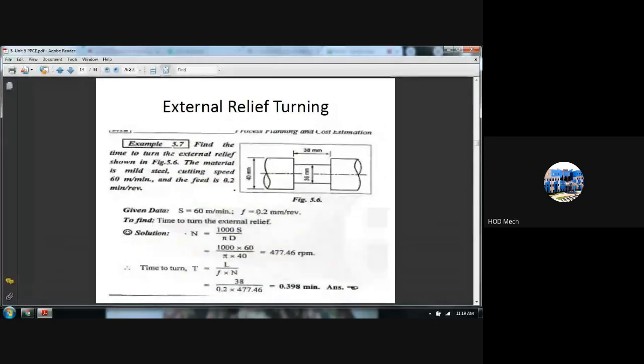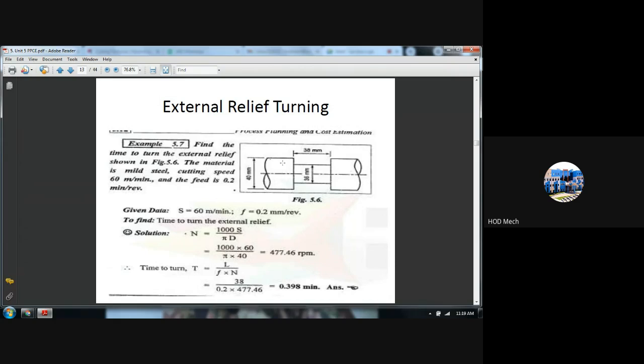Now coming to external relief turning. When you look at the diagram, this is called external relief turning. You have a sketch where at the center portion you are removing certain material diameter. The diameter of that portion is smaller compared to the other two sides.